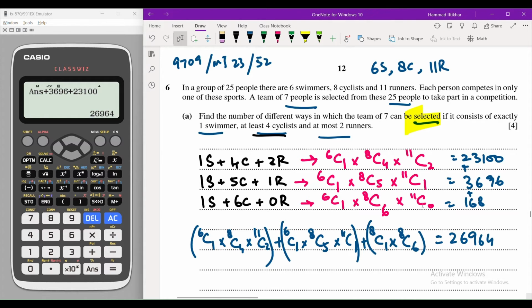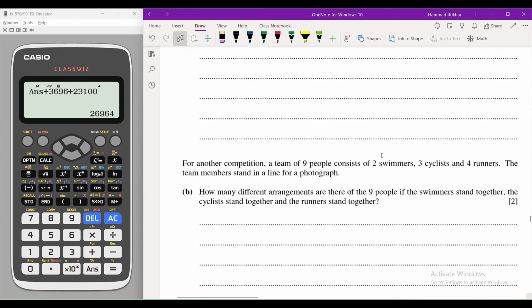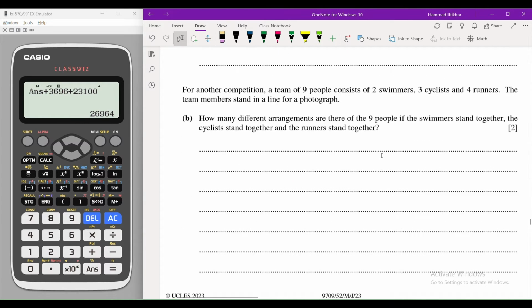Right, okay. Now on to the part B. For another competition, a team of 9 people consists of 2 swimmers, 3 cyclists, and 4 runners. The team members stand in line for a photograph.